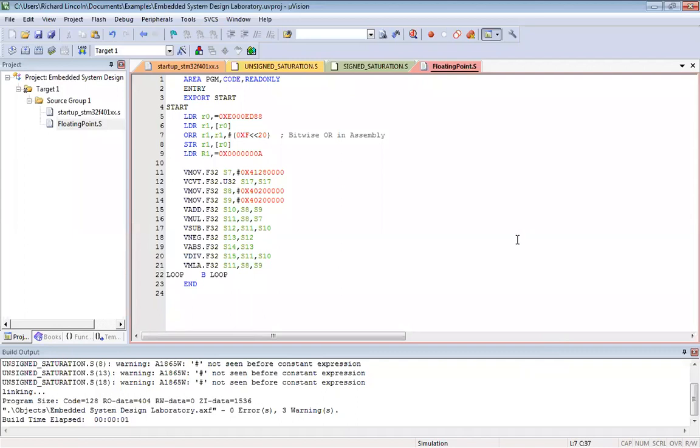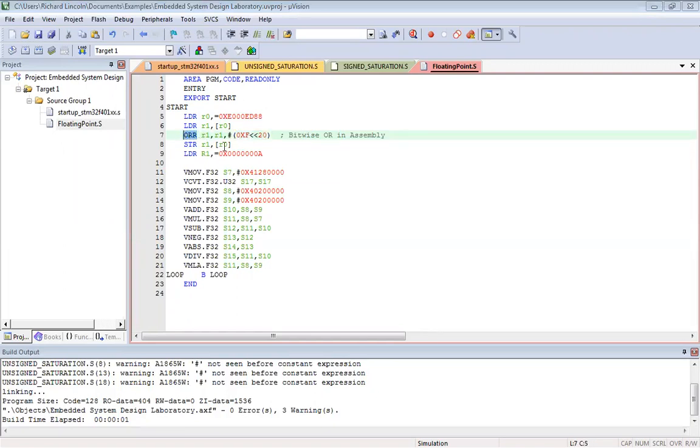Now we'll get into the execution of floating point. As usual, we have the declarations done, and then we are loading R0 with a value. Whatever the contents of this R0 are, this is a register, these contents are moved to R1. Now we need to actually activate the floating point operation. So we shift it and do an ORing operation.